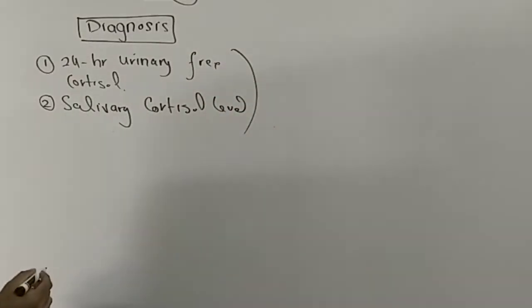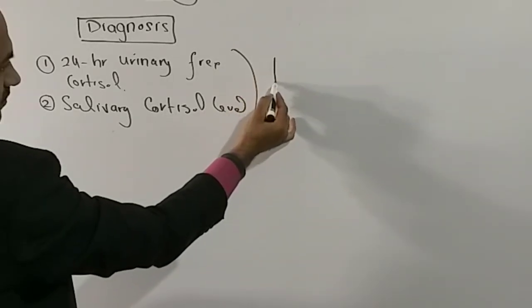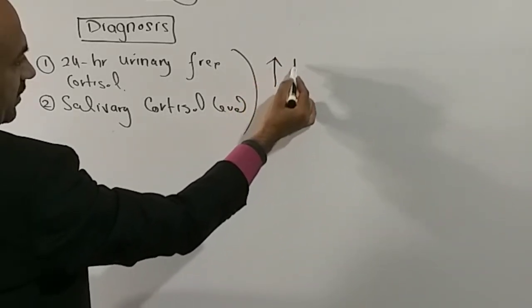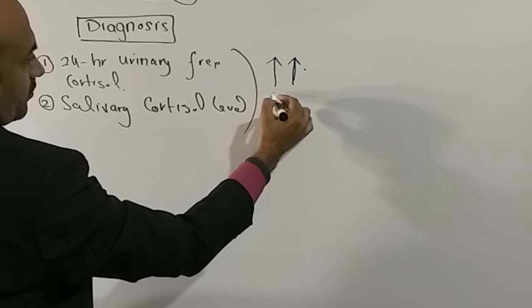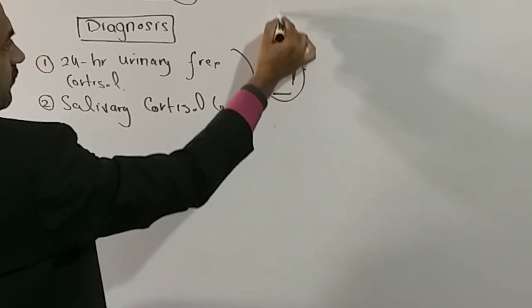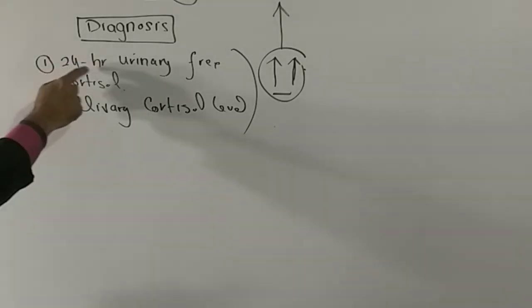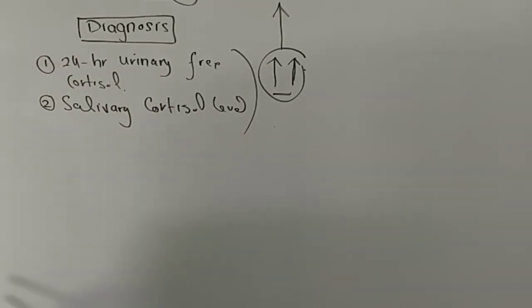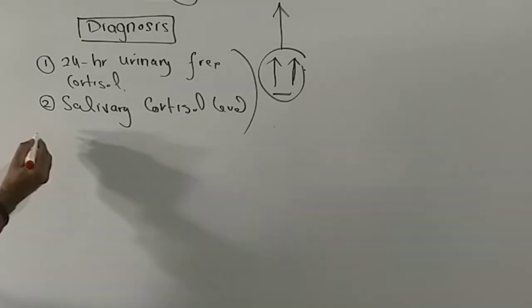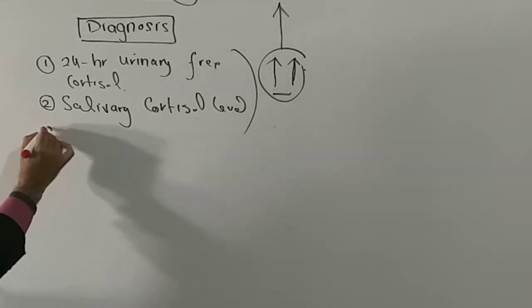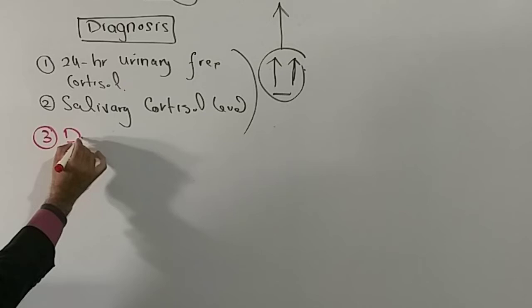And if these are increased, that means the person is suffering from the Cushing syndrome. So first test is 24-hour urinary free cortisol level, and salivary cortisol level. Second, we will also do dexamethasone suppression test.